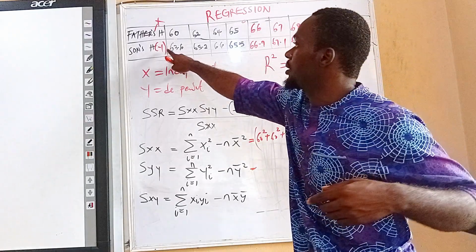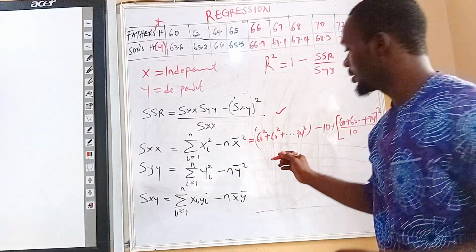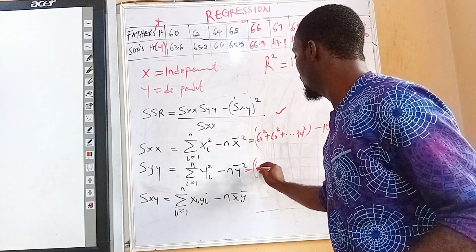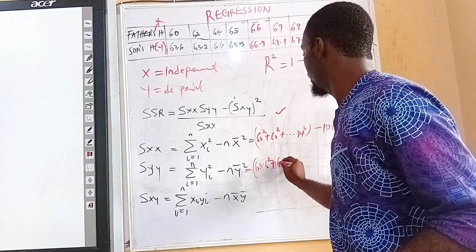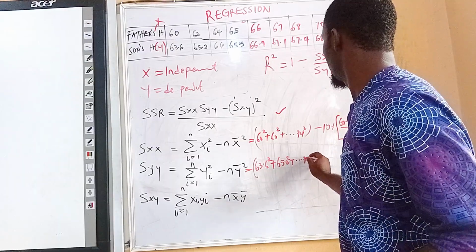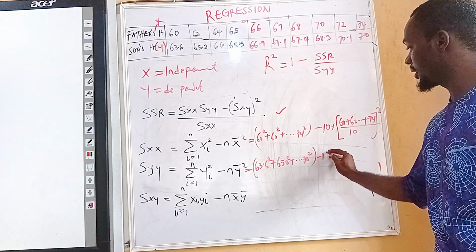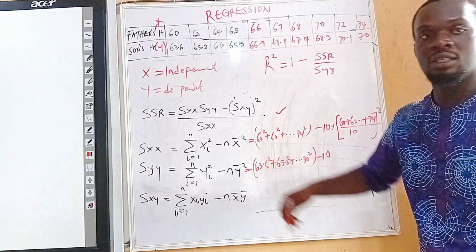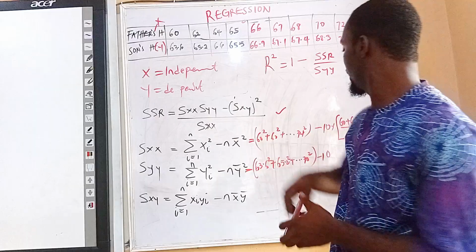So it will be 63.6 squared plus 65.2 squared to get to the end, which is 70 squared, minus 10, which is the number, times the square of the mean of Y.